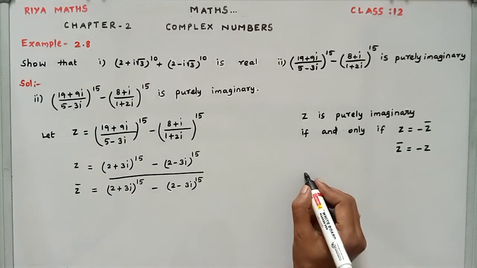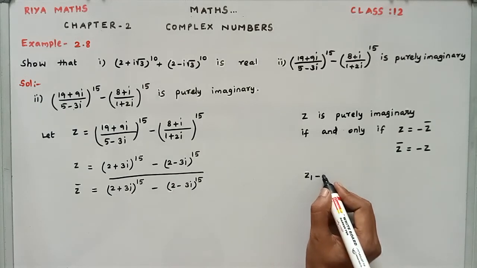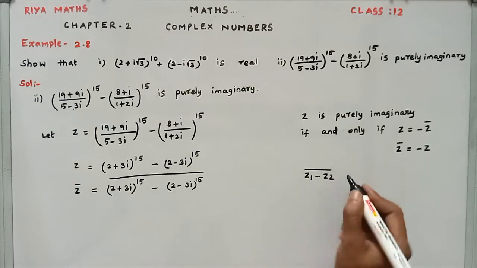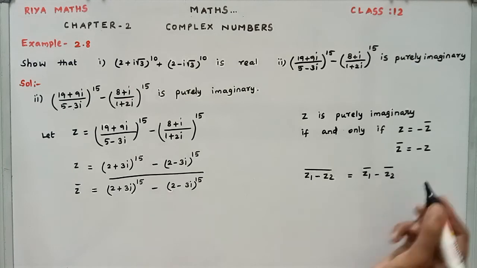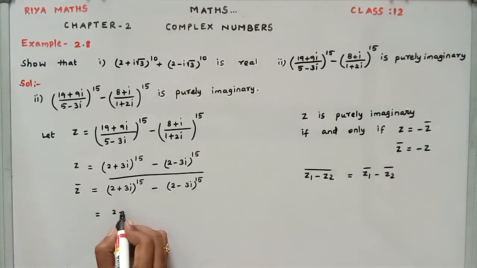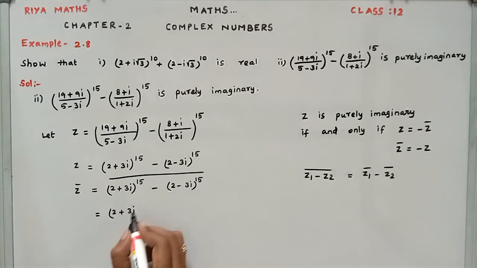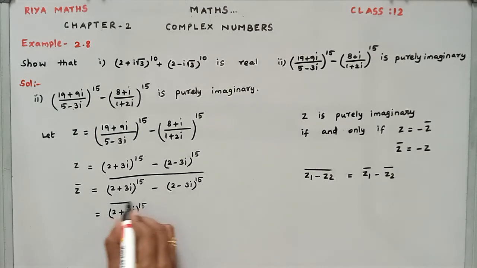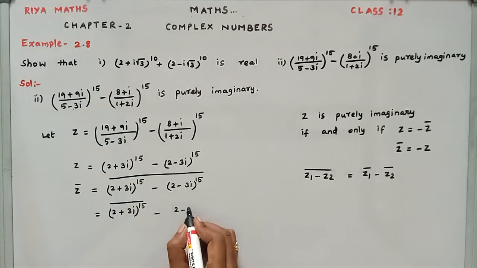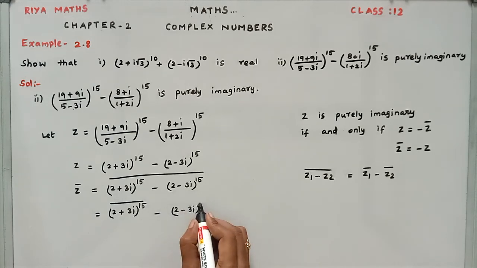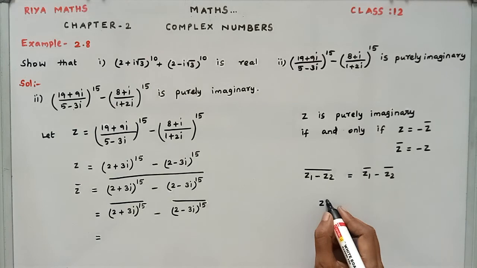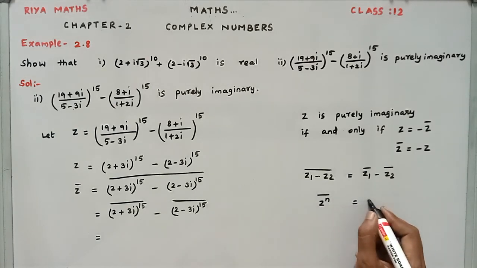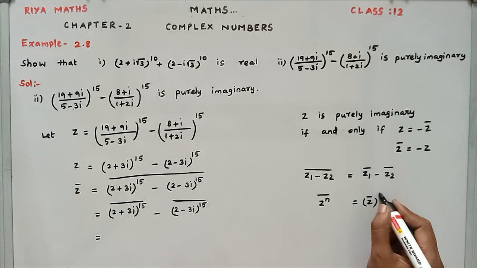We know the result (z1 − z2) whole bar is equal to z1 bar minus z2 bar. So here (2 + 3i)^15 whole bar minus (2 − 3i)^15 whole bar. Next, here also we can use the property, (z^n) whole bar equal to (z bar)^n.